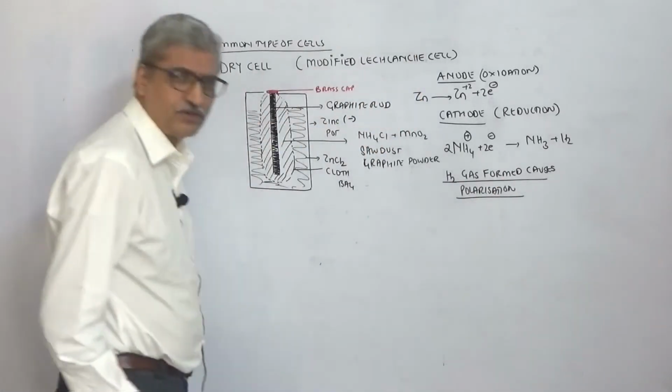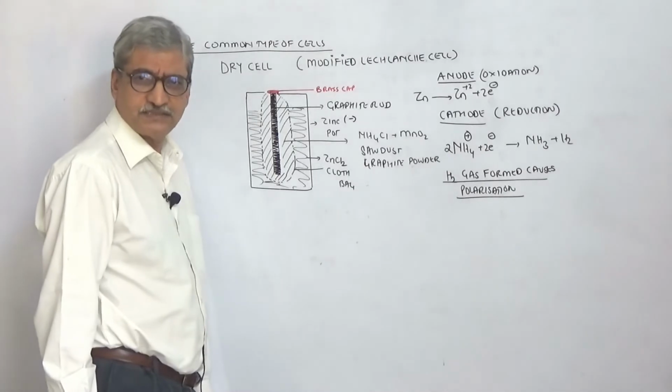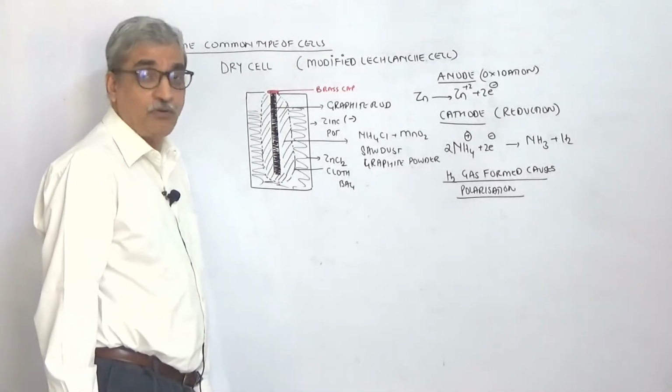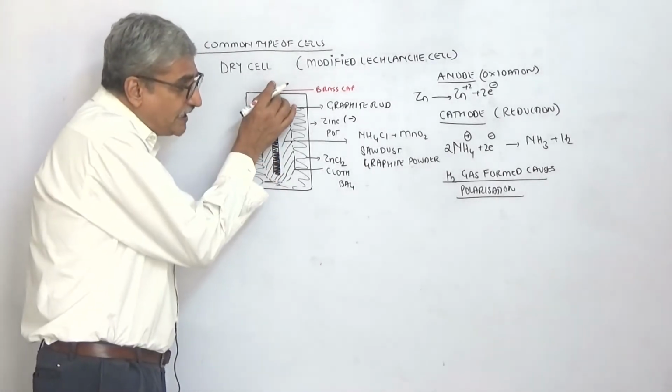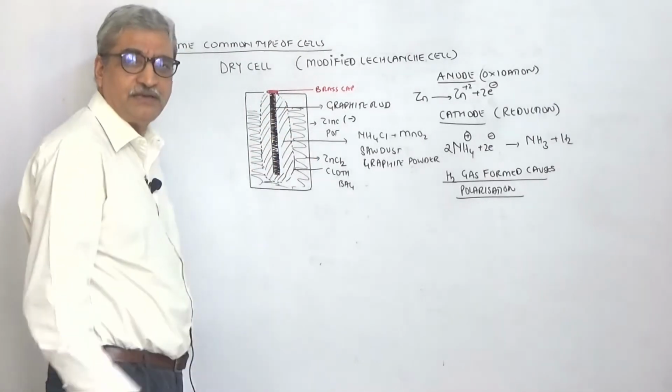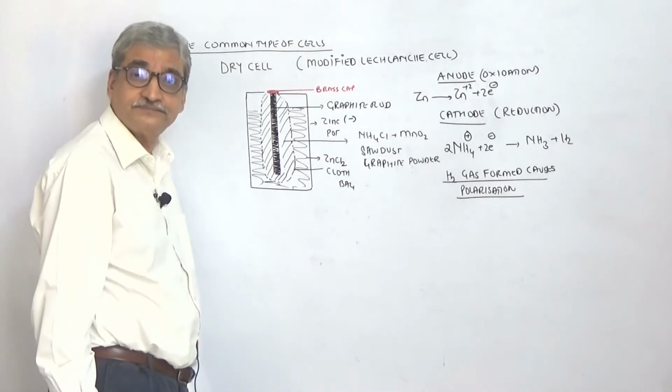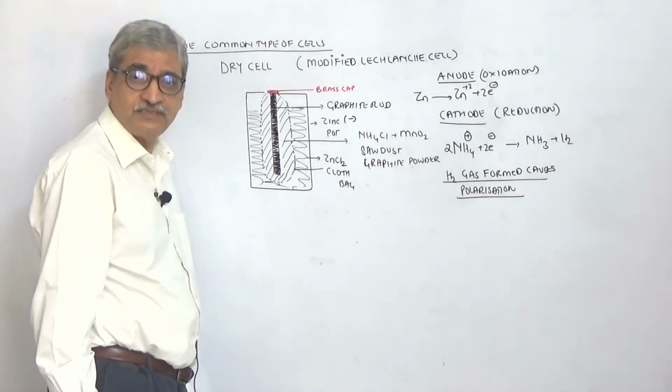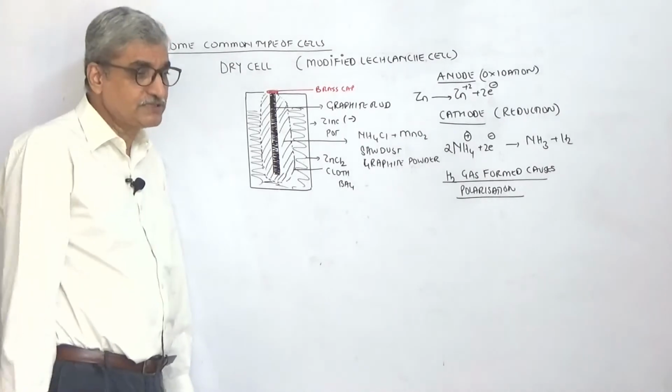What is polarization? Accumulation of a gas on the electrode, so further ammonium ion cannot take the electron from the graphite rod. So the cell will stop functioning.